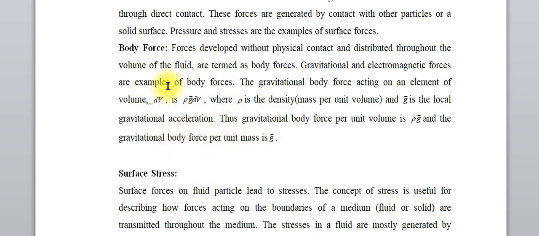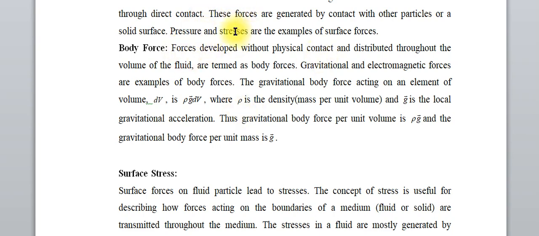So these are the two forces. Because we will study the fluid in motion, we are studying fluid dynamics, and so we will study the stresses.